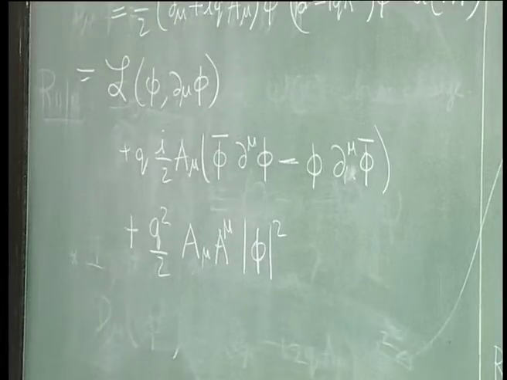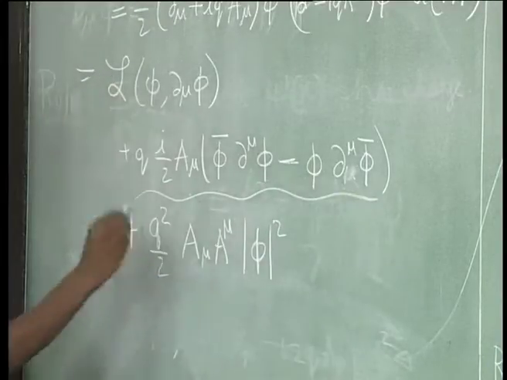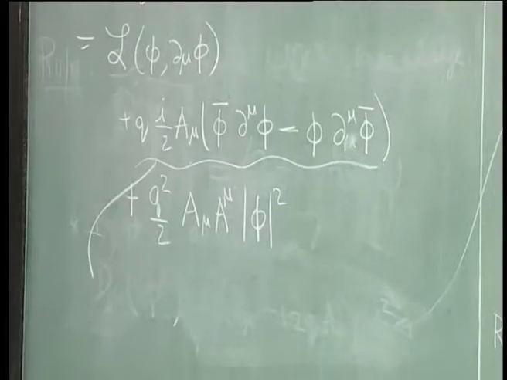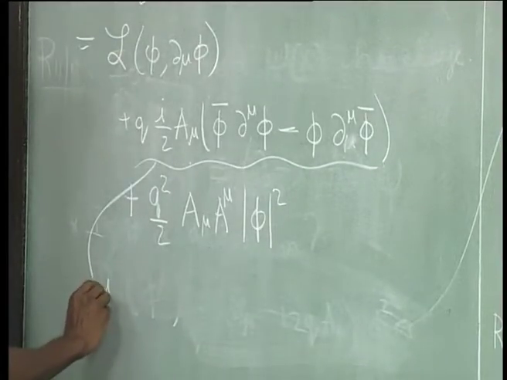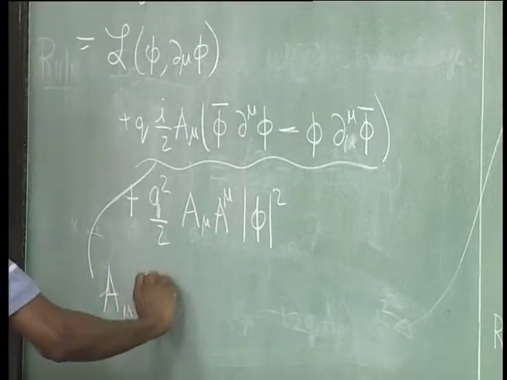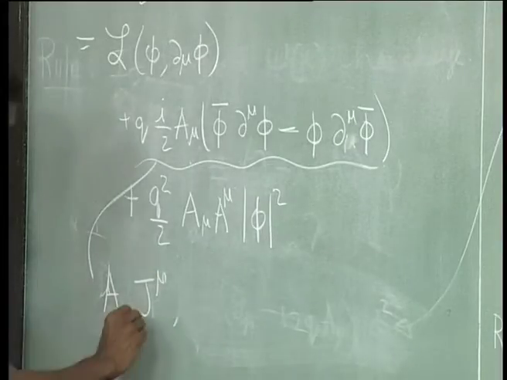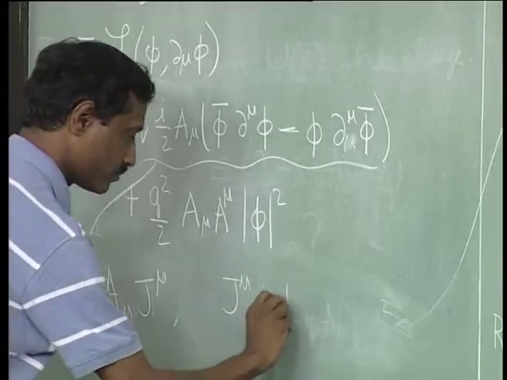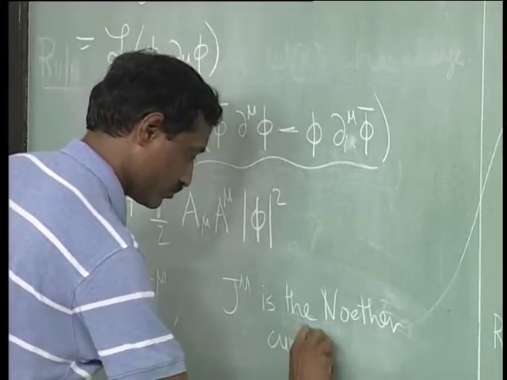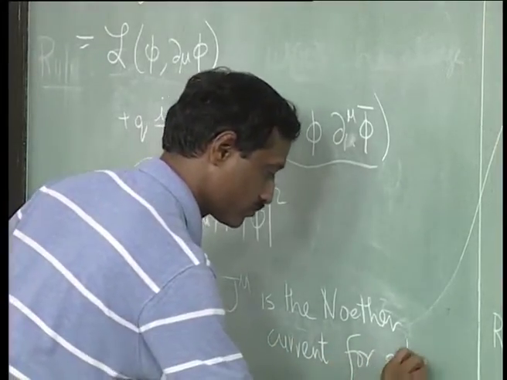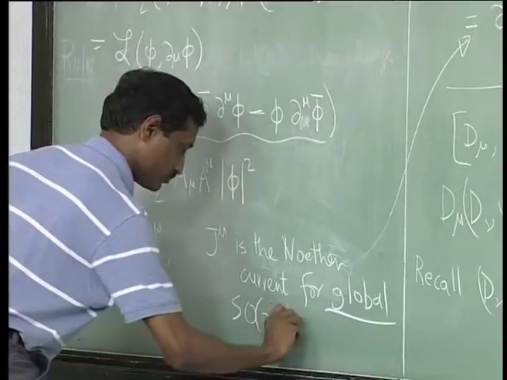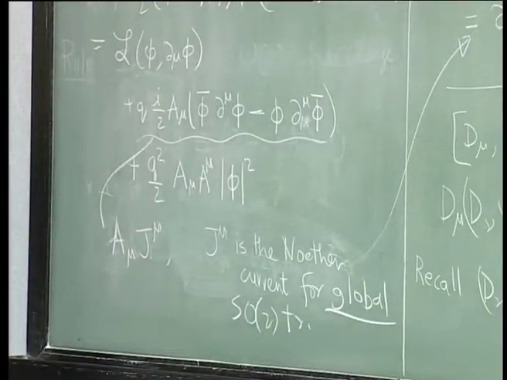So, you can see that if I write this piece as J mu, where J mu is this.